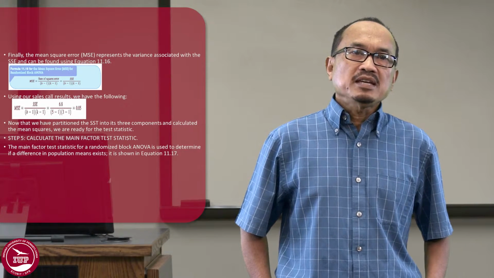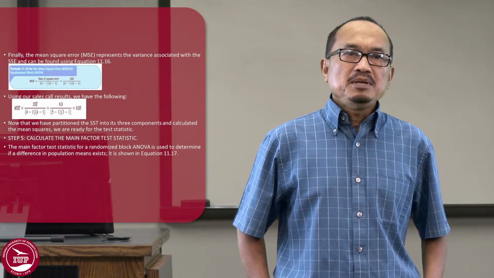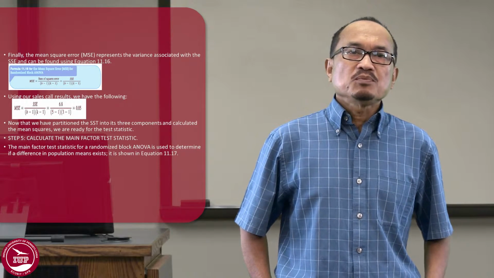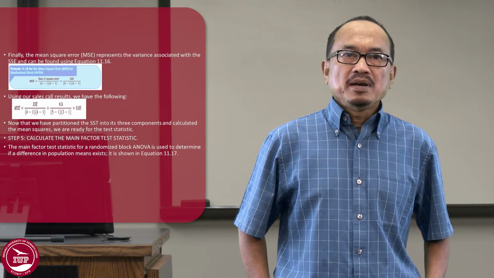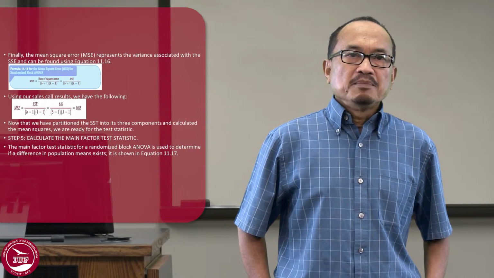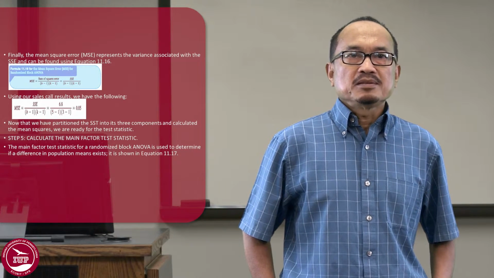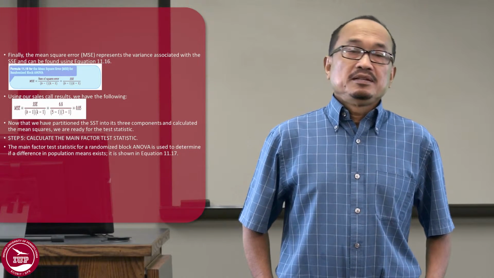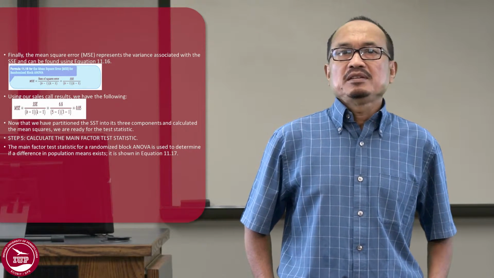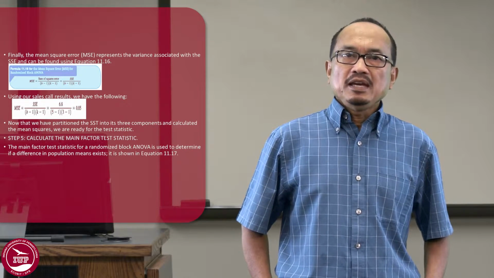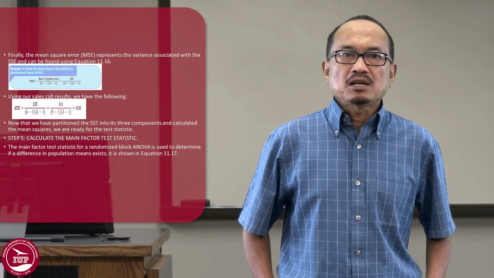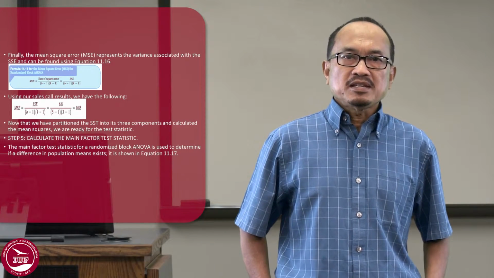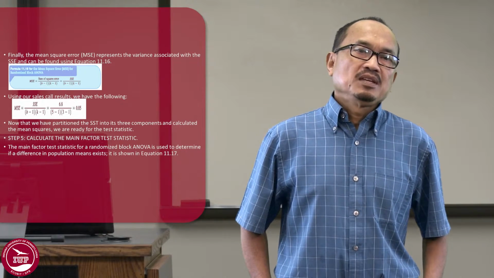MSE equal to SSE divided by B minus 1 times K minus 1 equal to 6.8 divided by 5 minus 1 times 3 minus 1 equal to 0.85. Now that we have partitioned the SST into its three components and calculated the mean squares, we are ready for the test statistic.